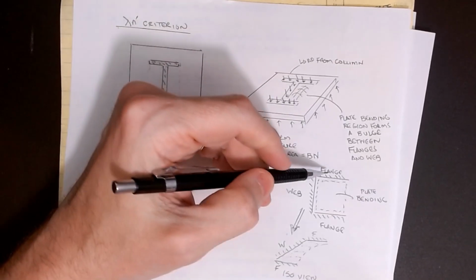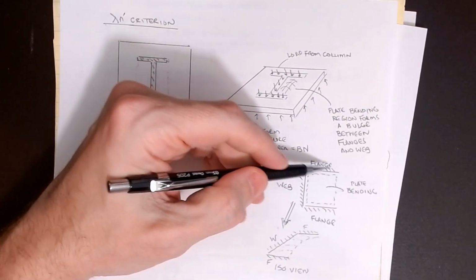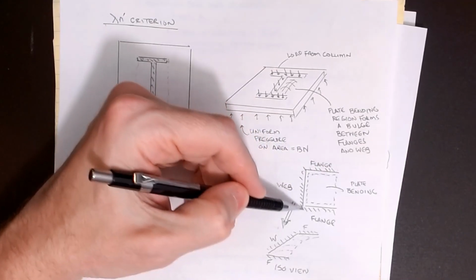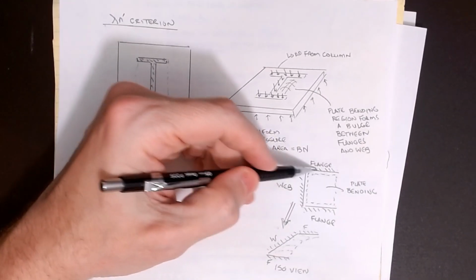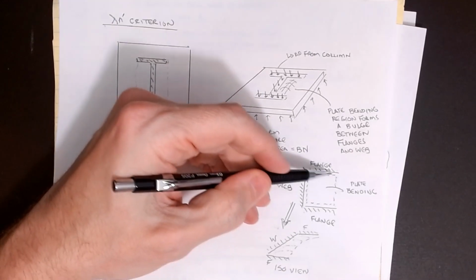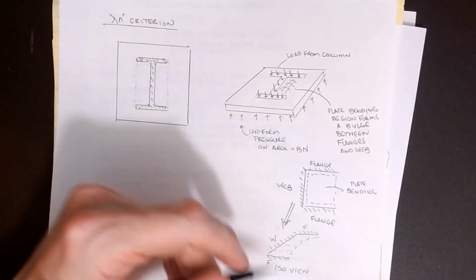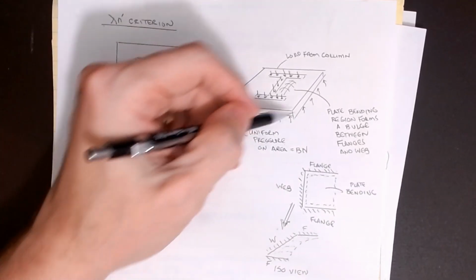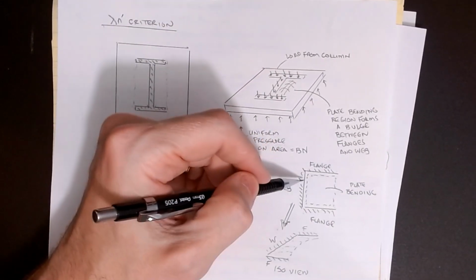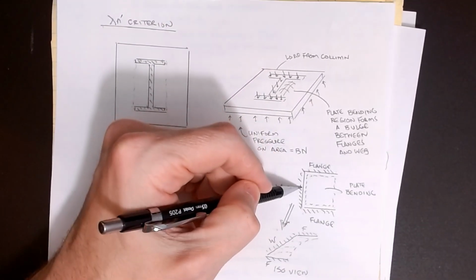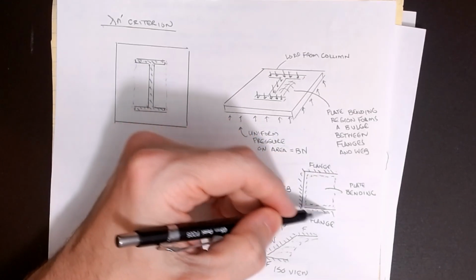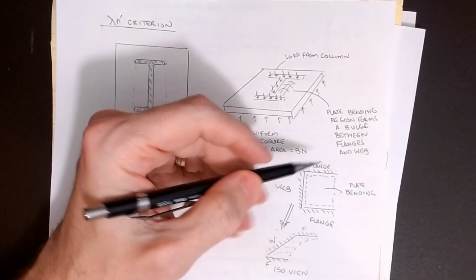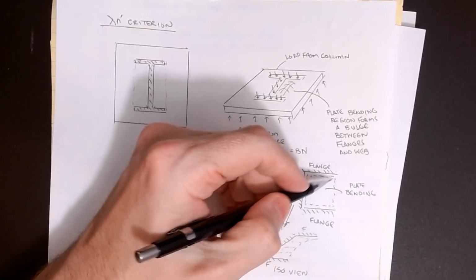I mean, imagine, if I draw this a little bit closer, here's the edge of the flange, here's the edge of the web, and here's the edge of the bottom flange. It's this region kind of in between that is an issue. Okay, and now again, what's happening is I'm putting pressure all over the entire bottom edge of the plate. So if you consider this is a boundary, and this is a boundary, and this is a boundary, you basically have a plate bending problem that's bounded on three sides, but it's free to do whatever it wants on the other.